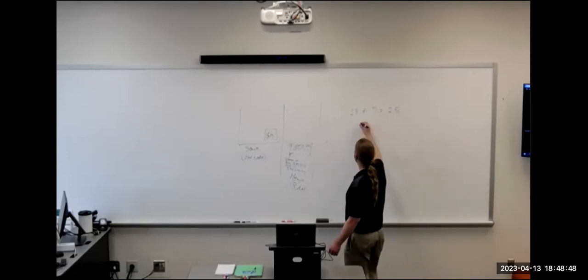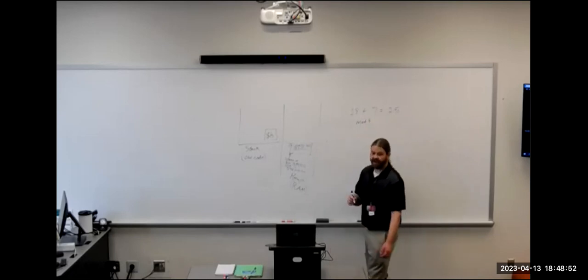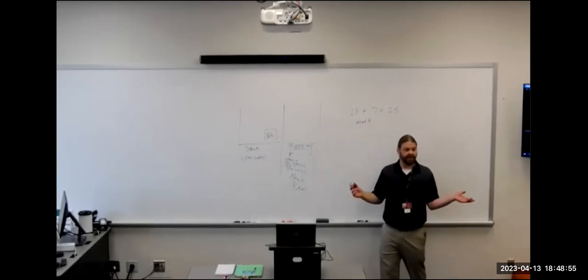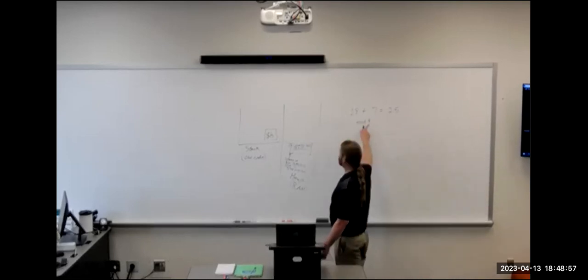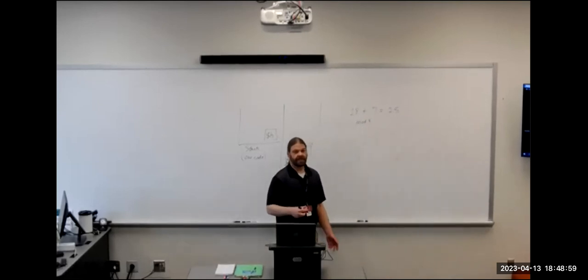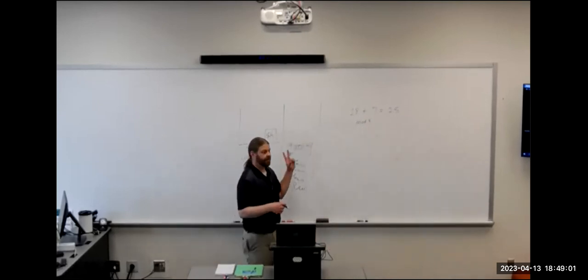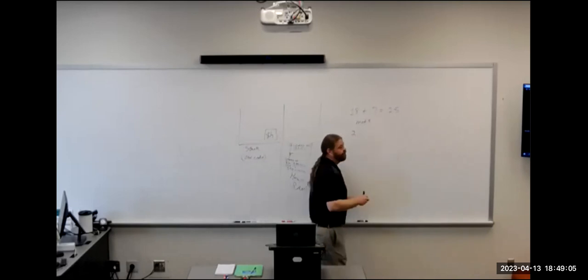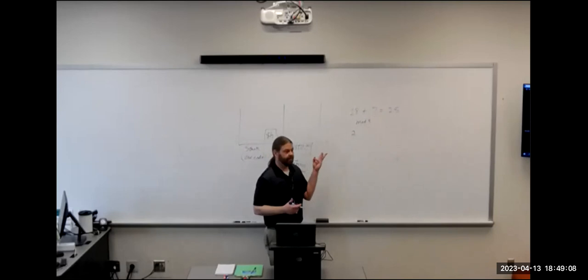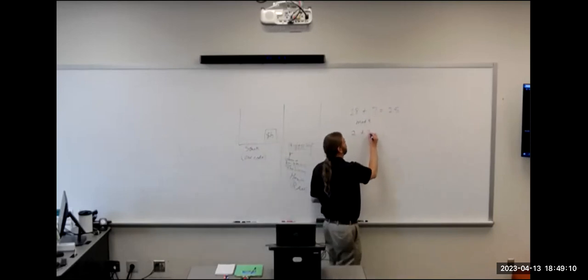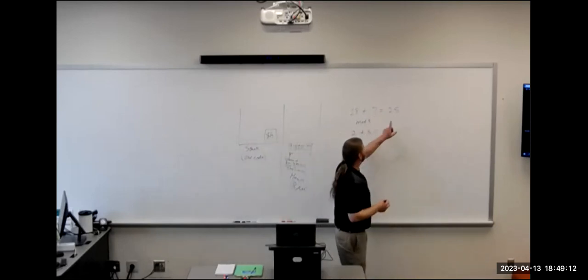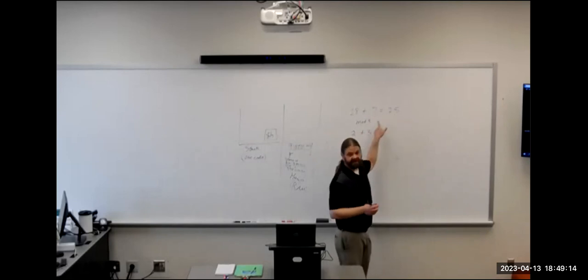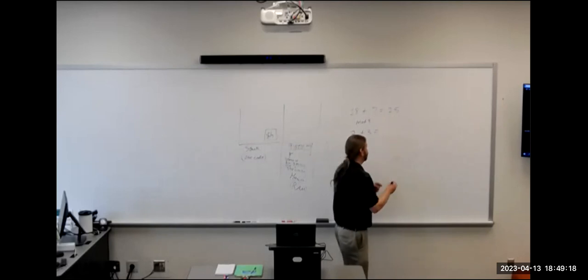But if we did all of that modulus 4, means we're going to divide by 4 and use only the remainder. So 18 divided by 4, 16 with 2 left over. So yeah, 2, 7 divided by 4, we go 1 time, 3 left over, plus 3, and 25 divided by 4, 5 with a remainder of 1.